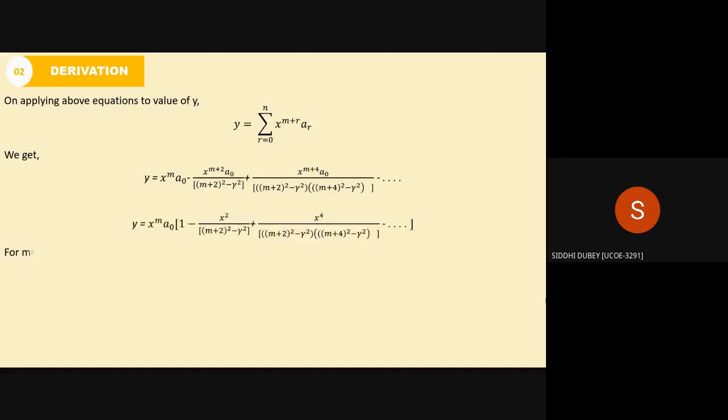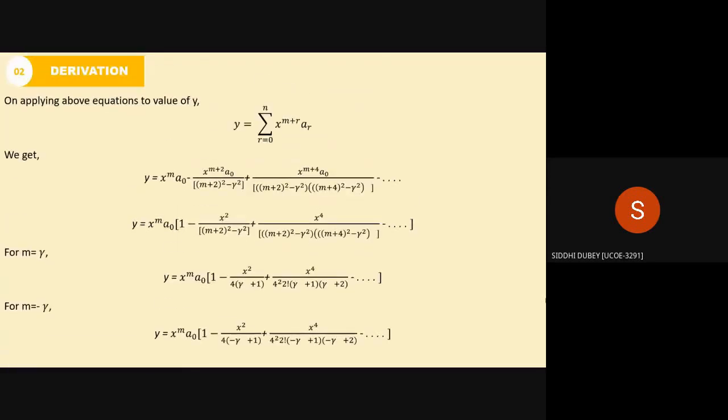This is just a series of an even function, which on simplification gives us y equal to x raised to m into a naught upon y minus x square upon 4 into (lambda plus 1) plus x raised to 4 upon 4 square into 2 factorial into (lambda plus 1) into (lambda plus 2). This goes on till n, that is, it's a series.